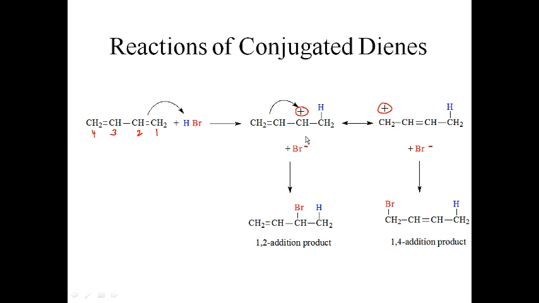Then treating each one as its individual reactant, I would have the Br minus add to this resonance structure to form my 1,2 product, and then have the Br minus come and add to the carbocation on carbon 4. That would then give me my 1,4 addition product, where the double bond is now moved to between carbons 2 and 3. So this is just the nice version of what I just did.